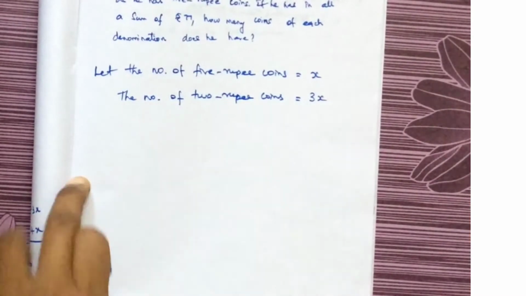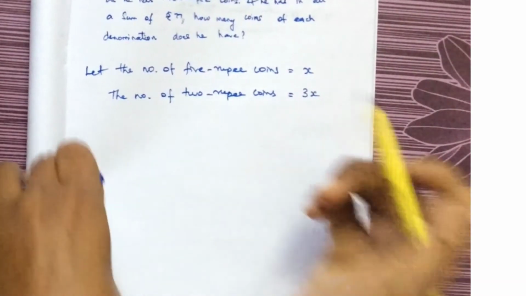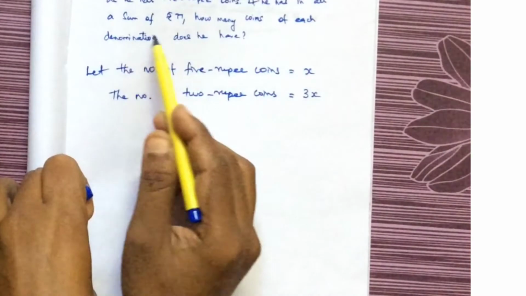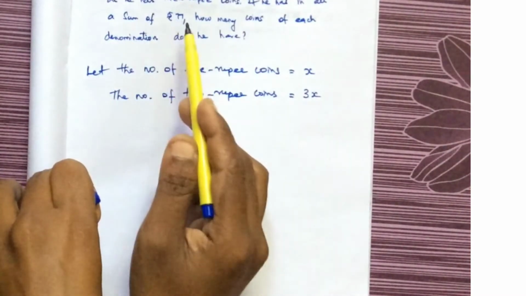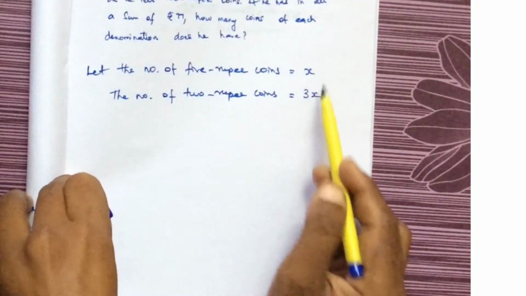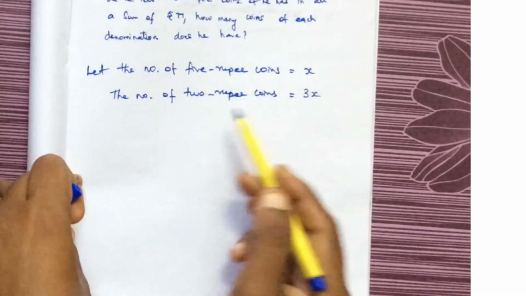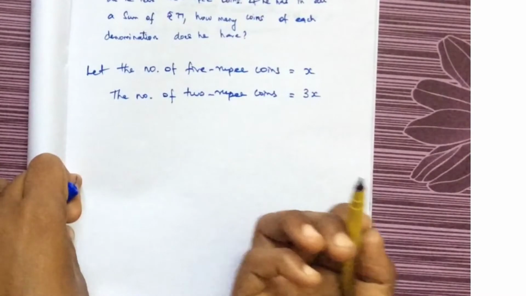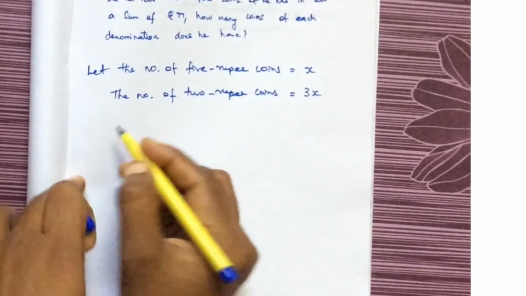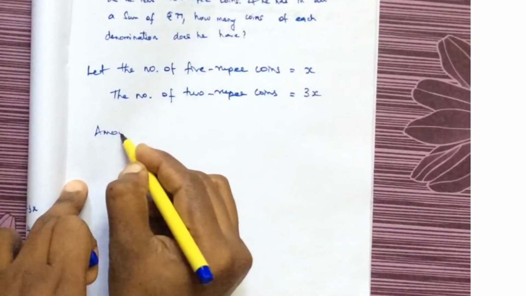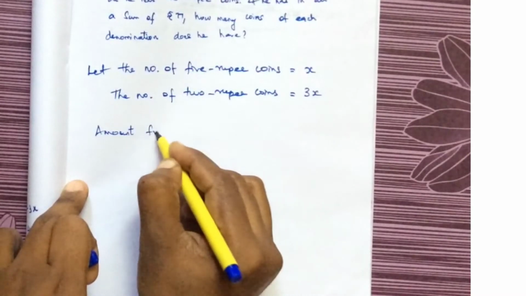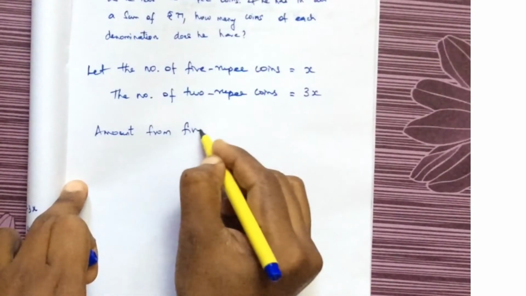Now the total amount of rupees is 77. Now you should not think that if you add these two you will get 77. This is just the number of coins. You have to find the value of the amount from the 5 rupee coins.